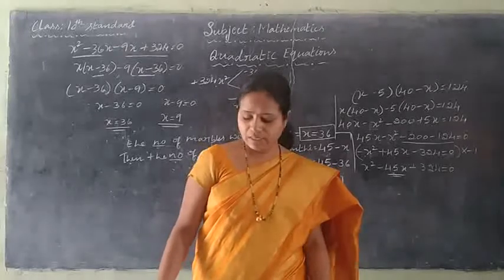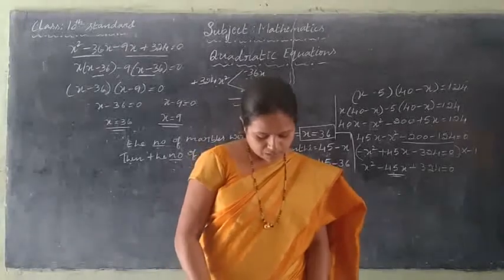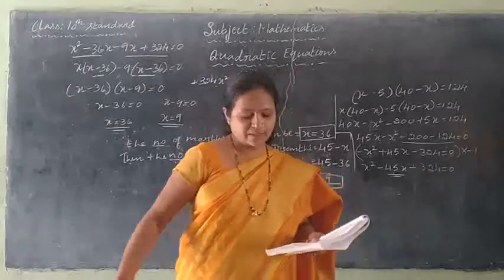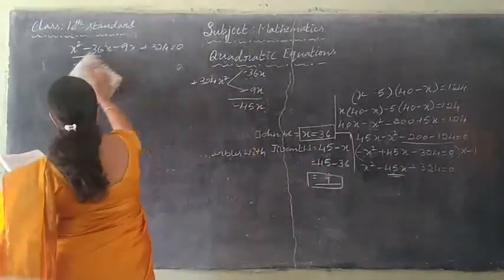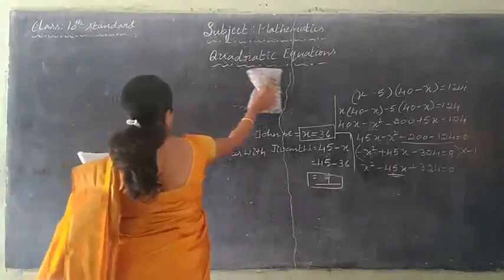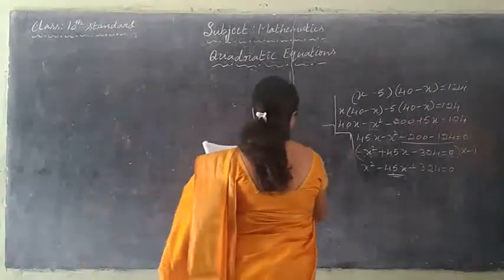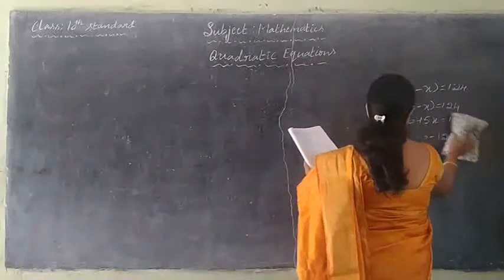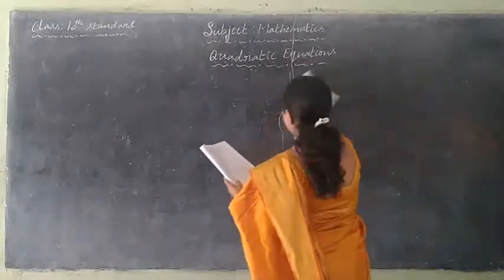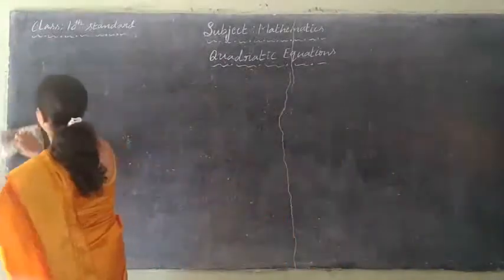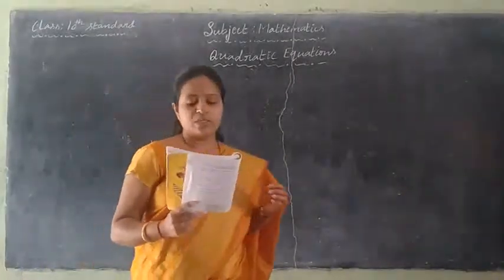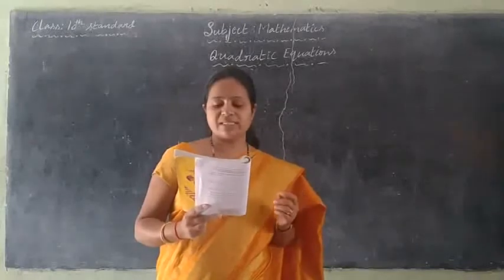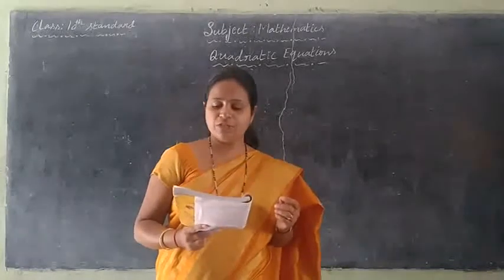Okay. Next we'll take up the third problem, children, in exercise 10.2. See the third one. Find the two numbers whose sum is 27 and the product is 182, children.